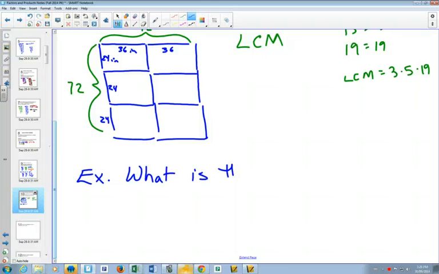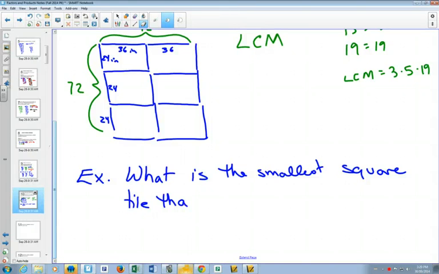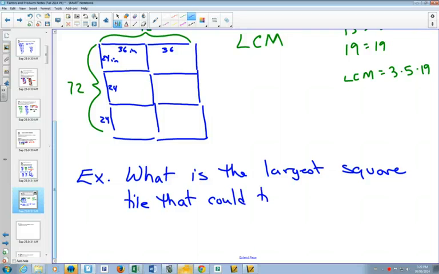What is the largest square tile that would tile a 75 centimeter by 250 centimeter rectangle?